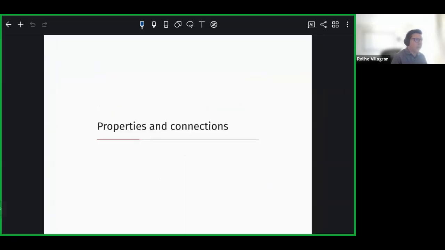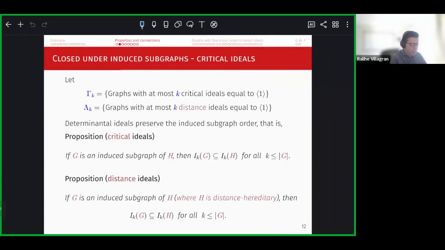So now that we know what determinantal ideals are, let's think about some properties. For instance, if we define as gamma k the graphs with at most k critical ideals equal to 1, and as lambda k the graphs with at most k distance ideals equal to the whole ring, then notice that the determinantal ideals preserve the induced graph order.